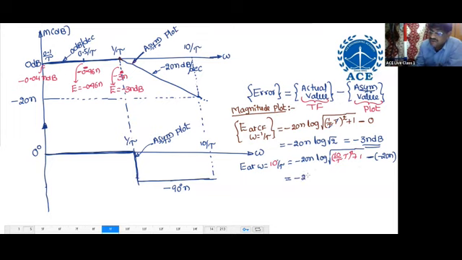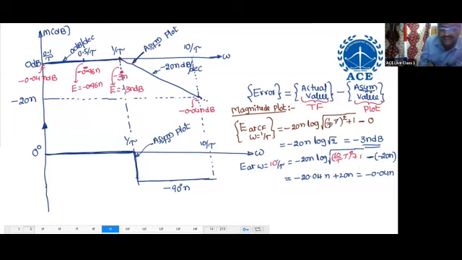You will get minus 0.04n dB. That means even at 10 by tau, the error is minus 0.04n dB only. So with respect to corner frequency, the error 1 decade below and 1 decade after is the same.